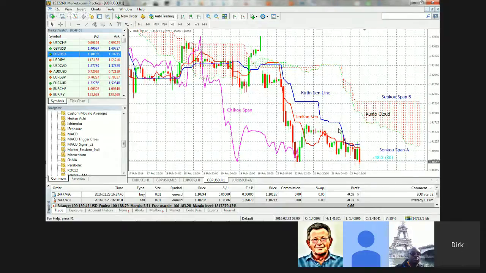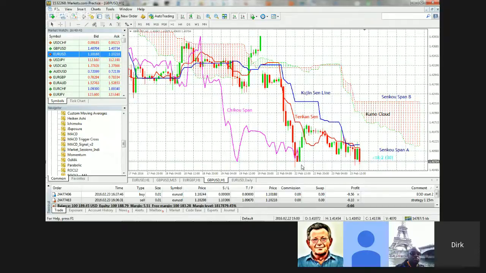The other thing about the Senku span lines is you notice that they are actually shifted ahead of price by 26 periods. Now, this is the type of way in which the Ichimoku is combined. There's 3 sections. There's the forward section, which is based off of the Kumo cloud, which goes ahead 26 periods. There's the Chiku span, which is behind by 26 periods compared to current price.